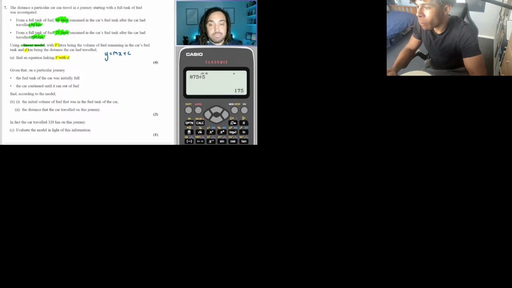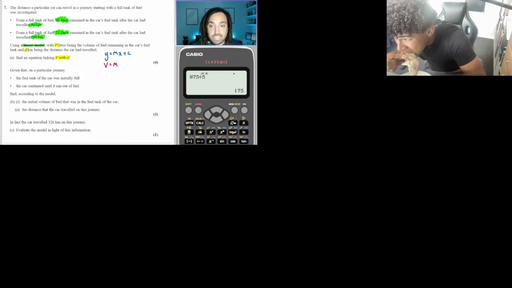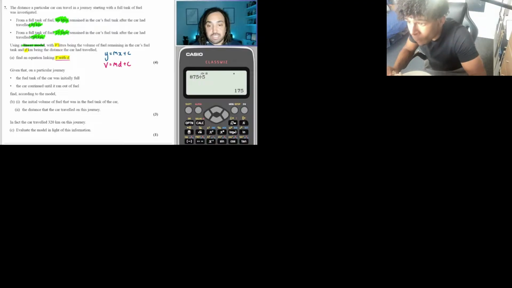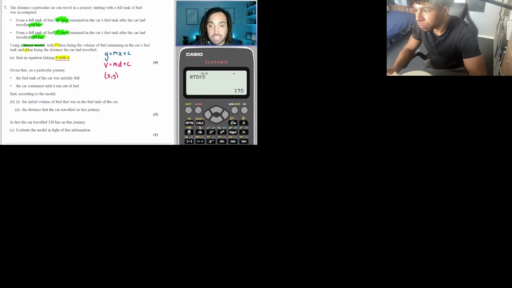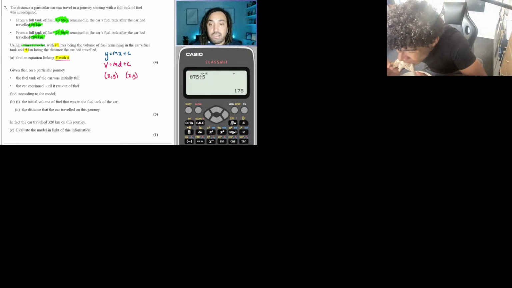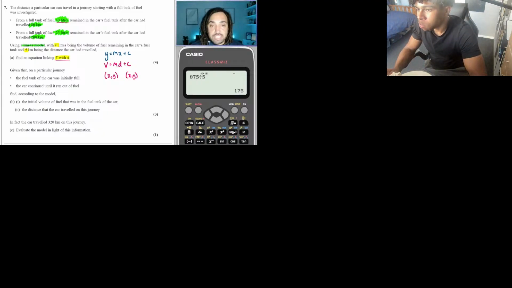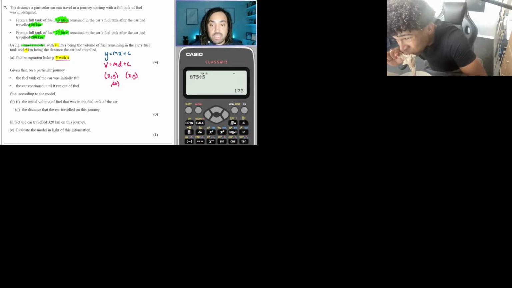So you can make either of them the y or the x. It doesn't matter. I'm just going to pick v is equal to the y, and d is equal to the x, just because it's in that order. So it kind of makes sense, I guess. Okay, and therefore, if I write it like this, xy and xy, I won't make a mistake. So we've got 40 litres, which is the v, which is the y, and 80 kilometres, which is the d, which is the x.